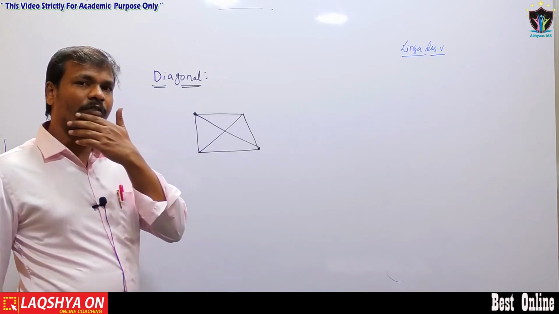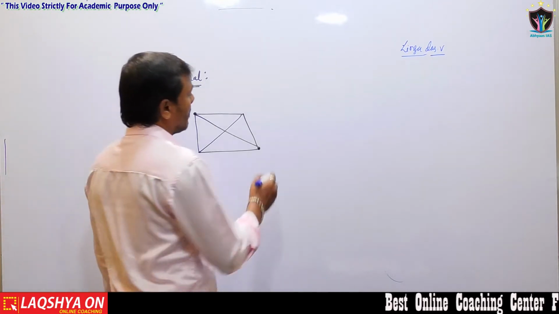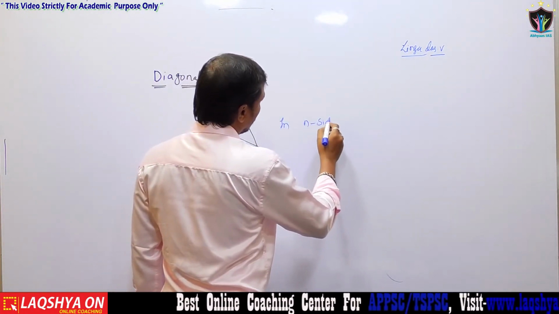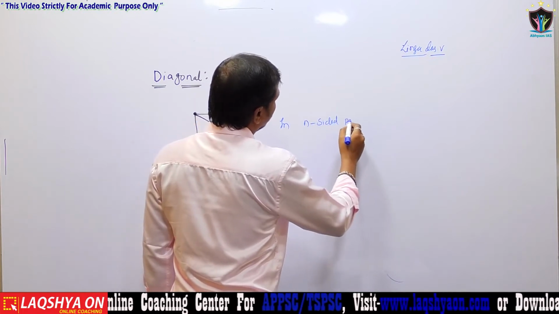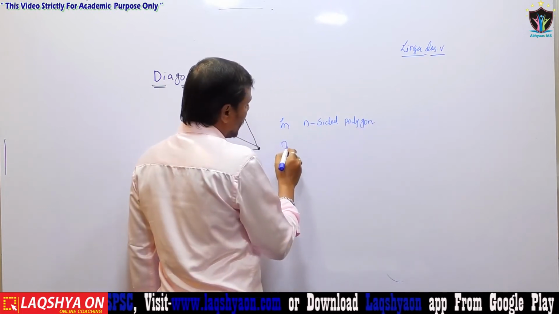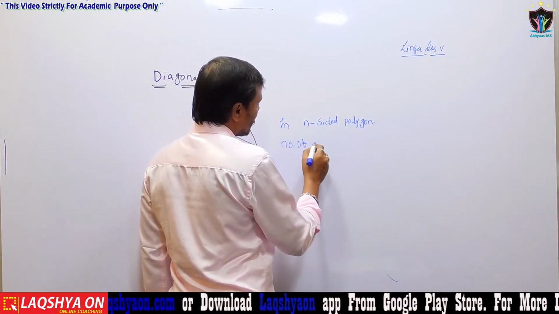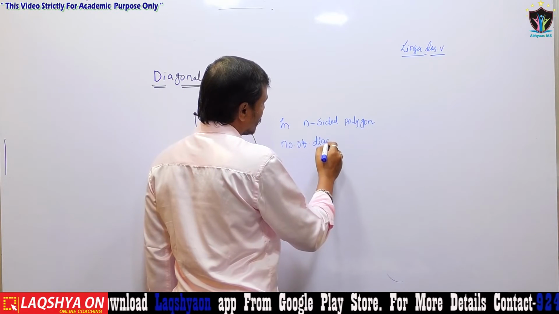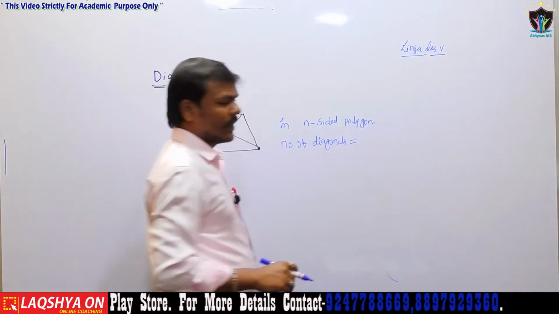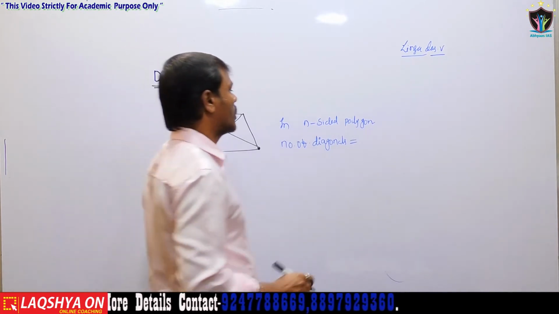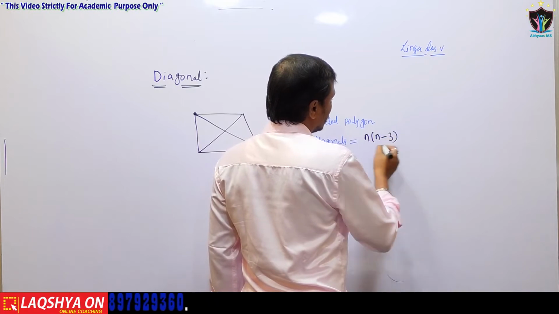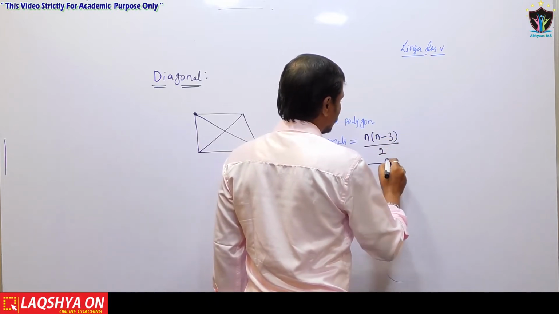How many diagonals can be formed with an n-sided polygon? In an n-sided polygon, the number of diagonals is n into (n minus 3) by 2.